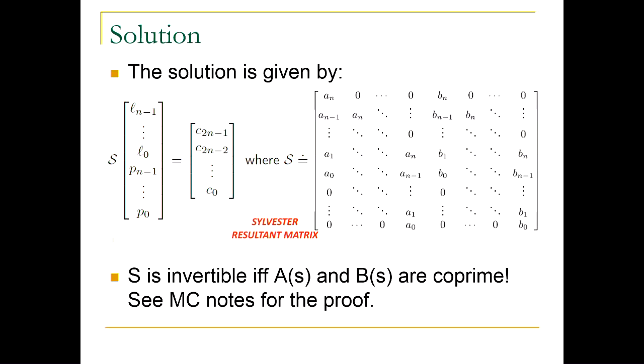This vector here is known because the desired closed loop characteristic polynomial is known. And what we want to find, we can find, because of the invertibility. So that's basically the condition that allows you to solve this problem. Coprimeness of A and B is necessary and sufficient for inverting this Sylvester matrix, and we can then solve the problem.